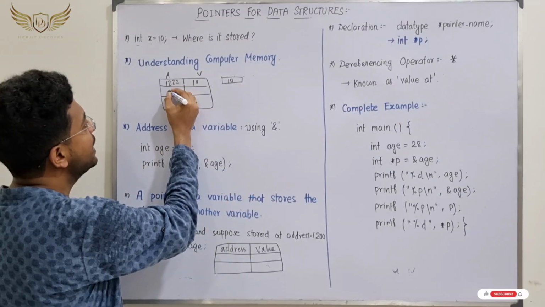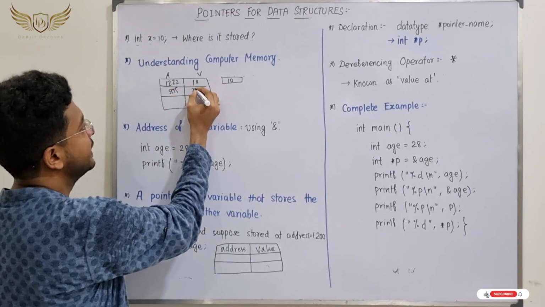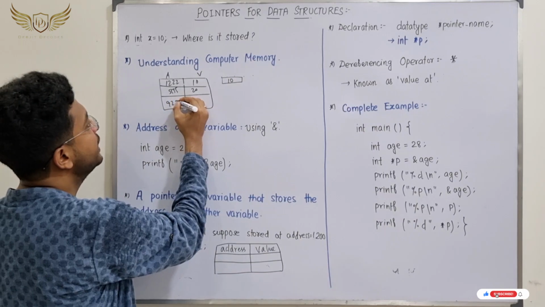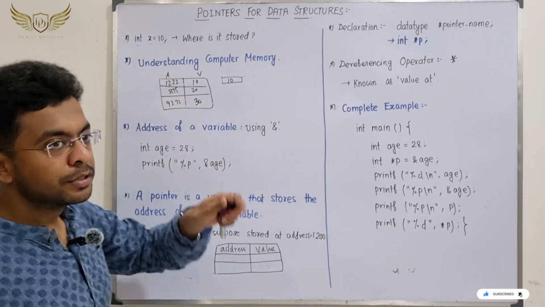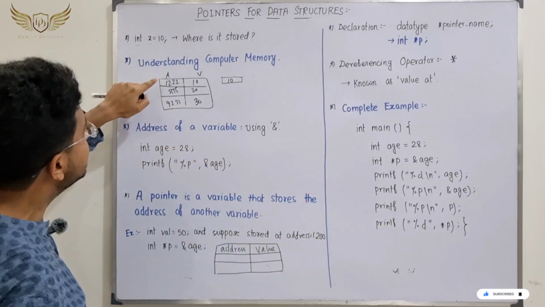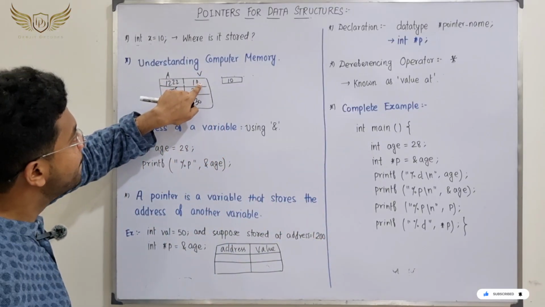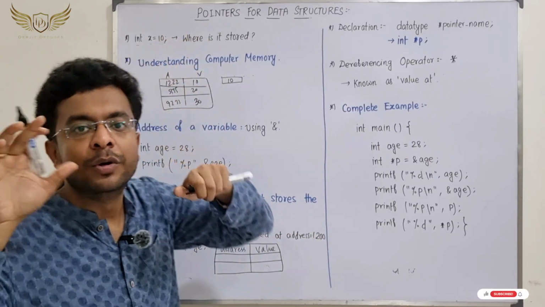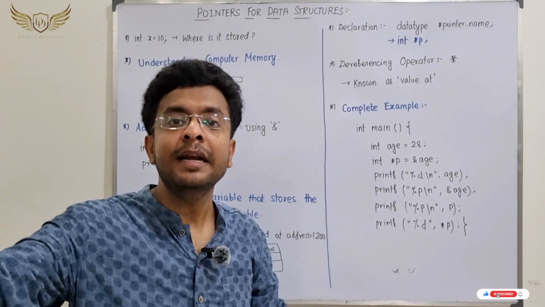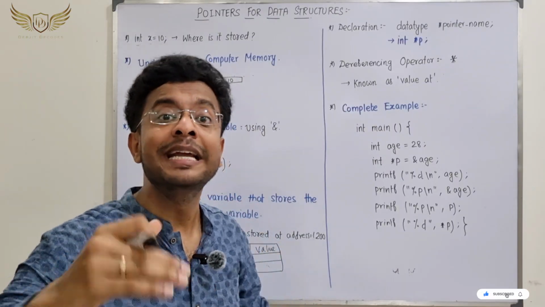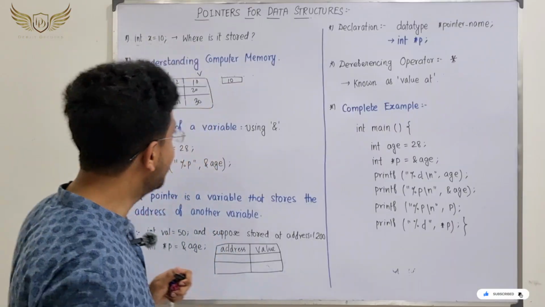So it is maybe at 5555, 20 sitting. Same way, say 9233, 30 sitting, and so on. So that's how this address is holding this value, but you say a variable is holding this value. This variable is nothing but the name of that memory location. You can think of it like this.